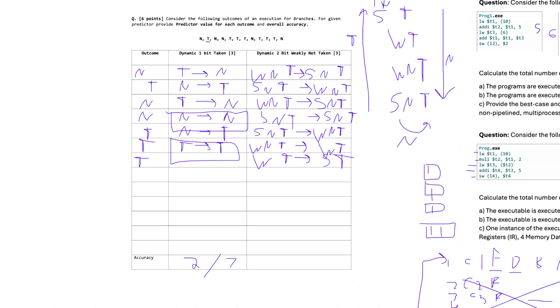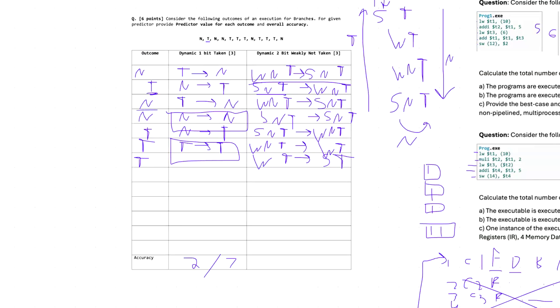And in this case, if I stay at not taken, then I'm good. So weakly not taken and strongly not taken is fine. Strongly not taken, weakly not taken. This brings me down 1, right? So this was not matching with taken. Weakly not taken, my outcome was not taken.